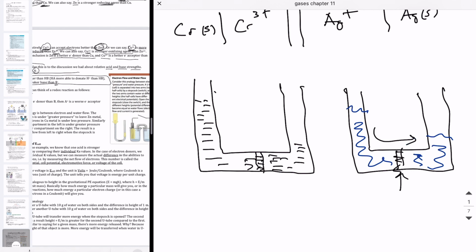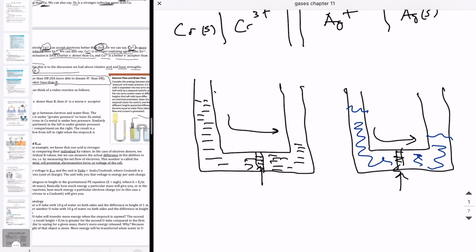The same thing happens in this electrochemical cell. If I open the stopcock here, which means I'm connecting the circuit to let the electrons flow, the electrons will spontaneously flow from left to right because the zinc side has an abundance of electrons that it wants to give away to the copper side.